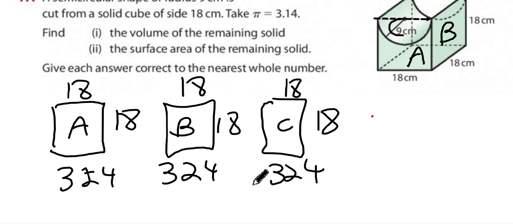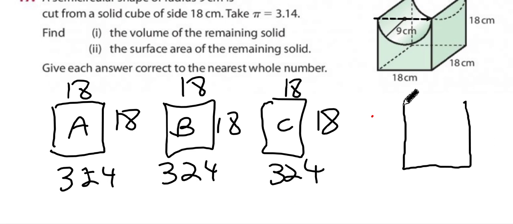Okay. Now, would you also agree that the front and the back... Actually, we'll just start with the front one. Does everybody see this one? Okay. Here's what we're going to do. We're going to do 18 times 18, which we all know is 324, and then we're going to take away a semicircle.